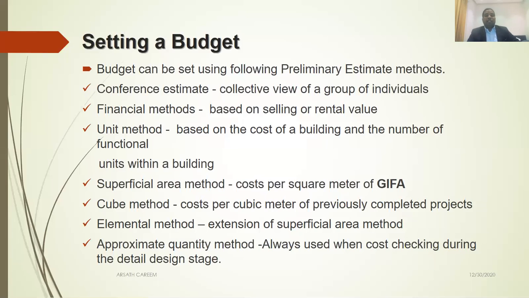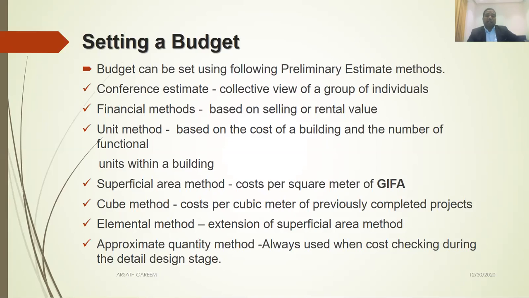Second one, the financial method. This is mainly based on selling or rental value. For example, let's say you want to build apartments. You check the market currently; let's say in Sri Lankan rupees, which I know for apartments, it is 15,000 per square foot.